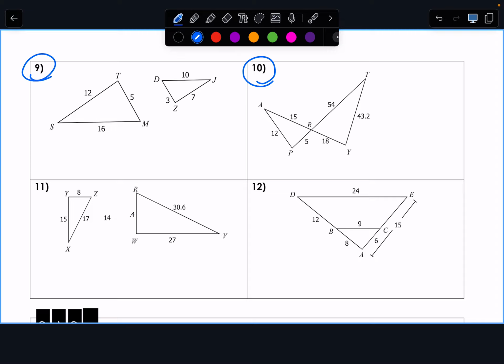Rotate the triangle and match it. So 16 and 10 go together, the two biggest numbers, 16 over 10, and then 12 over 7. Okay, 9 is no, and then 10 is yes.